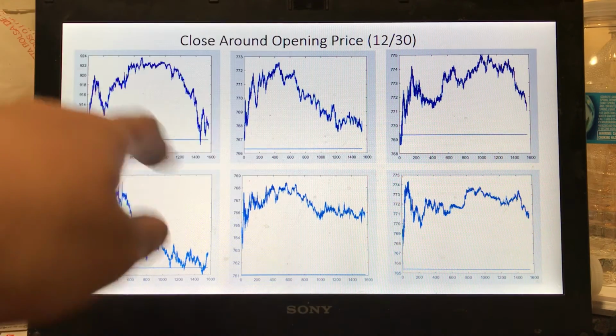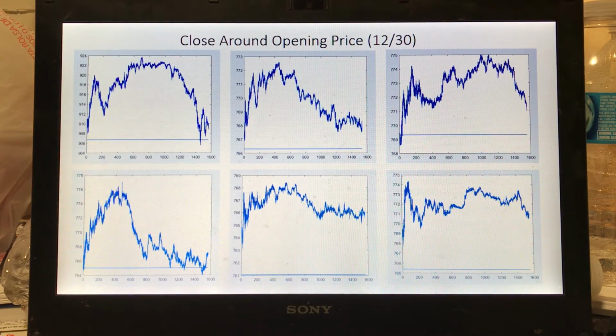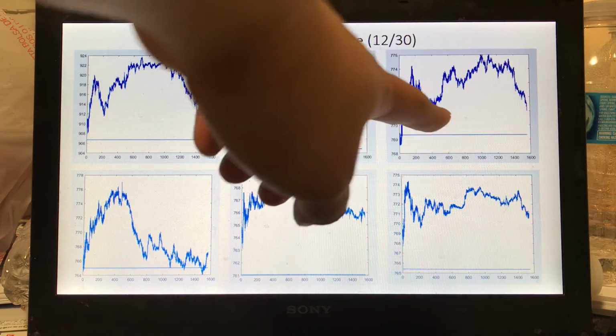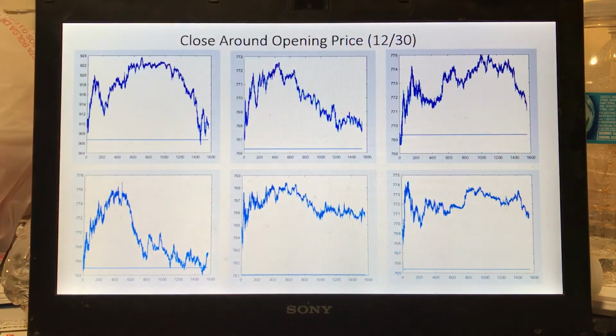We see that in these cases, the share price reaches the top at around 11 or 11:30, but for these cases, it reaches the top price in the afternoon.